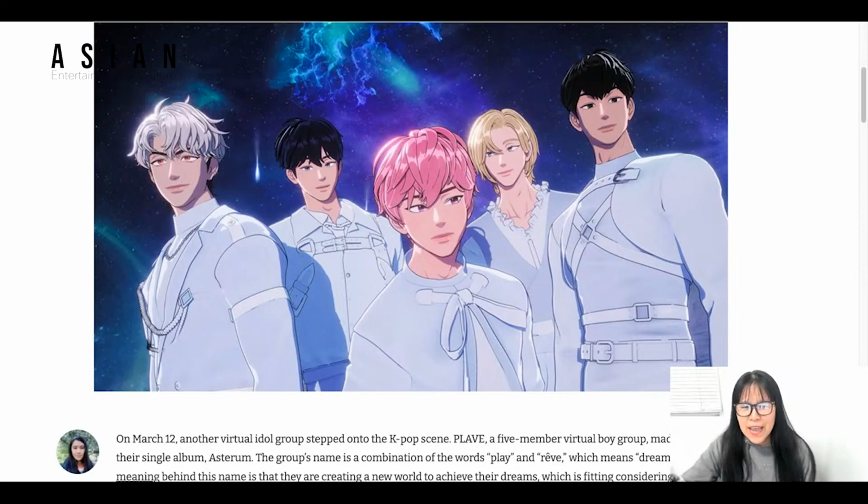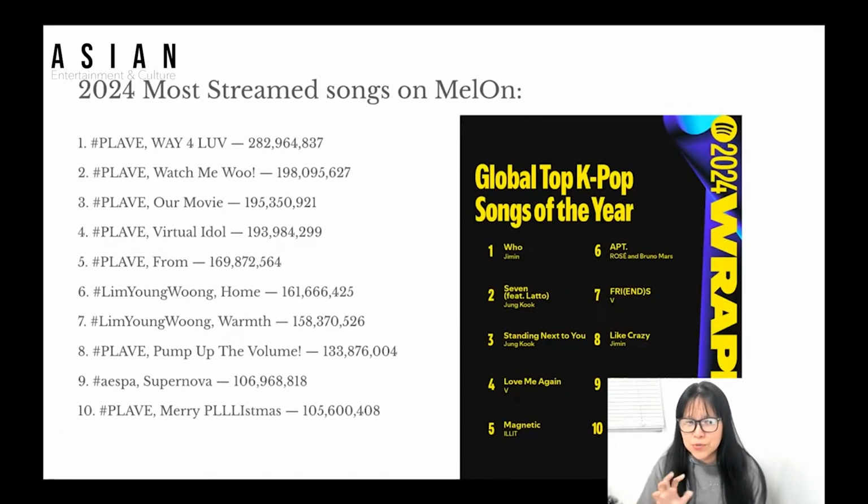But look, the reason I like geeking out and comparing numbers is because it provides me a good idea on how the local market is different from the global market.